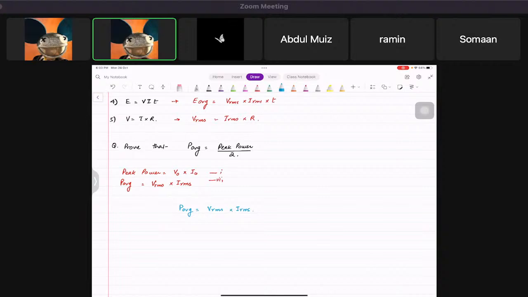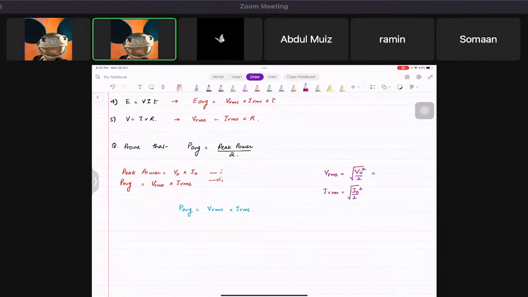And we also know, on the side, that Vrms is equal to the square root of V naught square over 2, and Irms is also the square root of I naught square over 2.